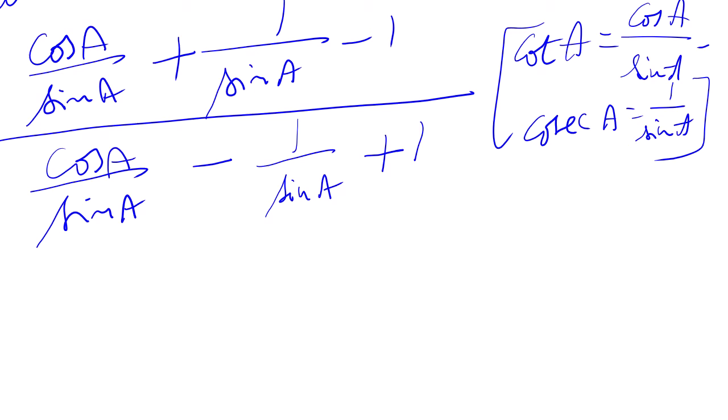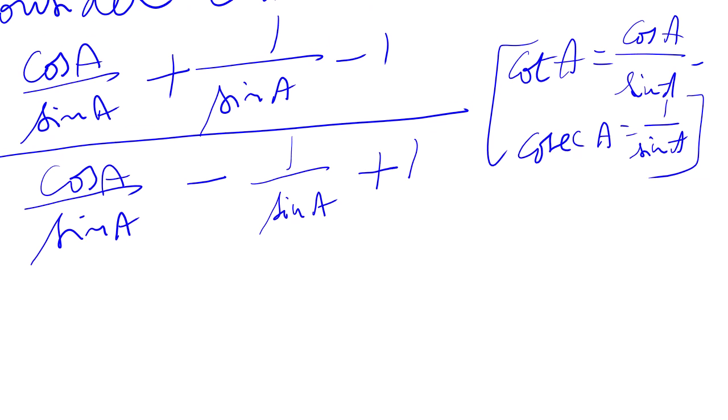What will happen? When you multiply this, you have to take sin A. Now there are three terms, so you cannot take it as cross multiplication, so you have to take the LCM.